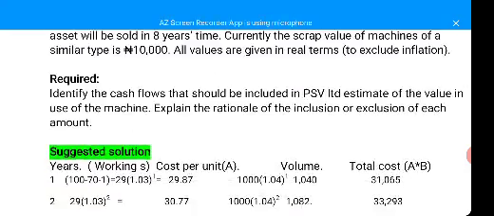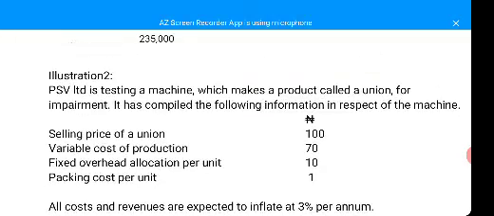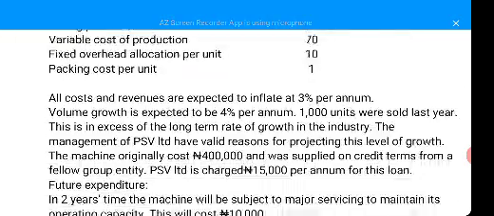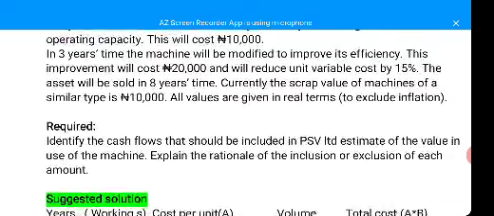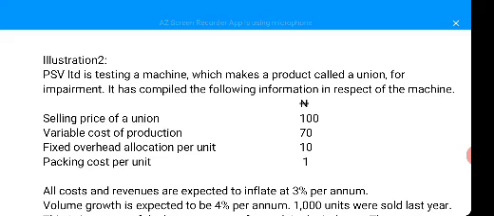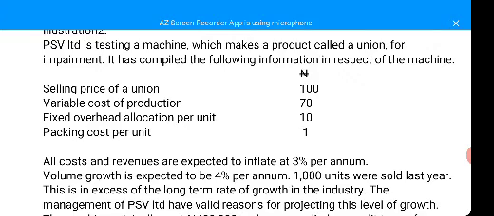Now, in year one, you are given the cost per unit. The selling price is 100 naira. The variable production overhead, which is identified when calculating the value in use, is 70 naira.